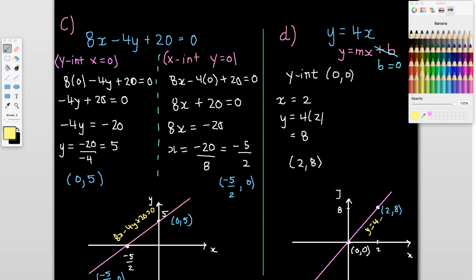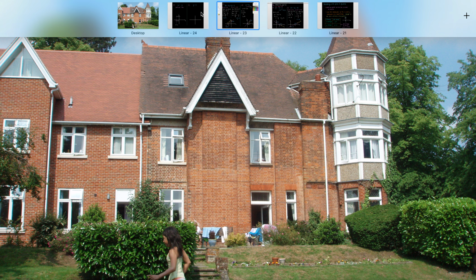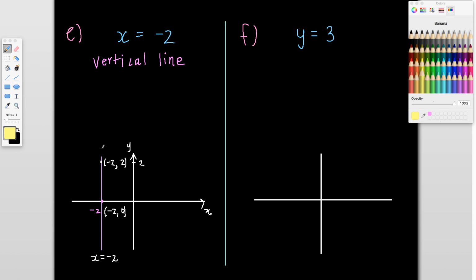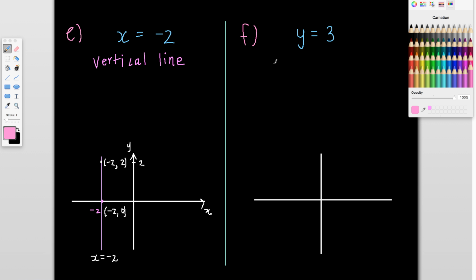Okay, so getting back to our special cases that I had before, we've now done the vertical line. And of course, when we have a line that looks like this, or an equation that looks like this, as you can see, obviously we're working with a horizontal line. So all you need to do is have a look at what that y value is. That's telling you the intercept. It's telling you, in fact, where on the y-axis that horizontal line is located.